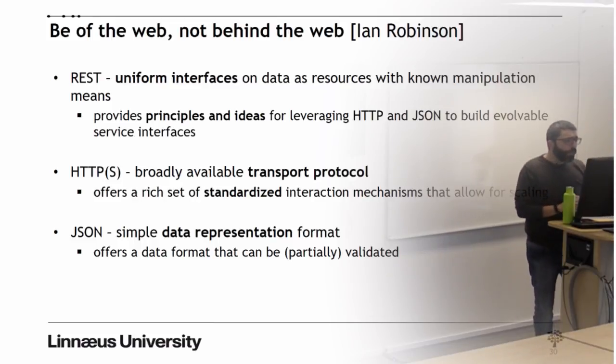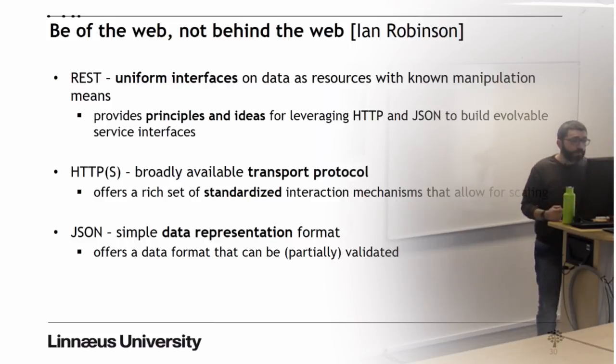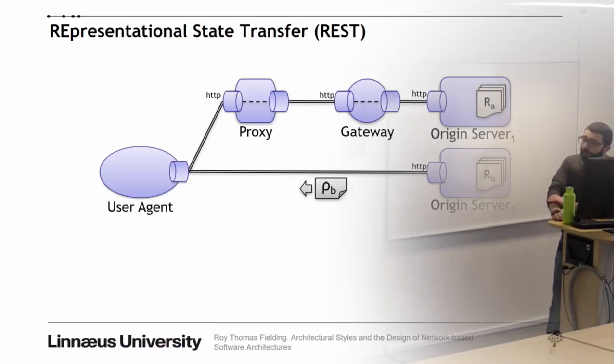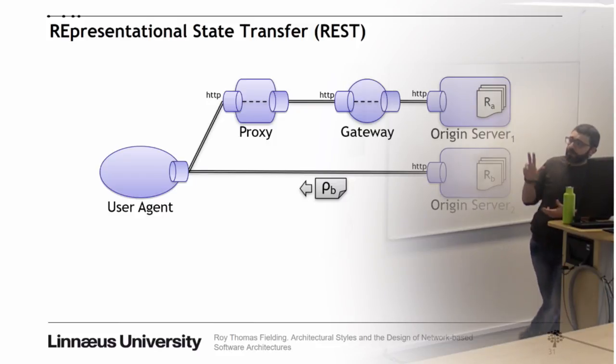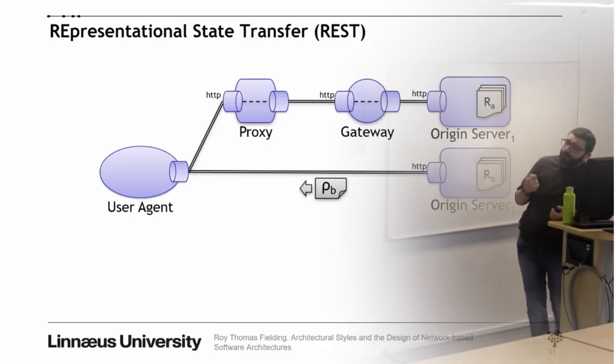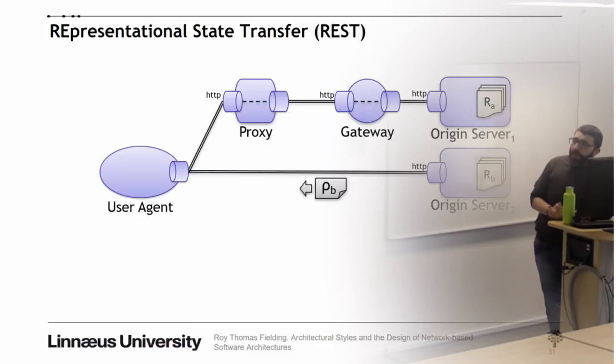But let's go to the software architecture, the architectural pattern behind REST. The REST architectural pattern essentially defines two main architectural entities, which are the user agent, which is the one who initiates the interaction, and the origin server, which is the entity that provides the service.